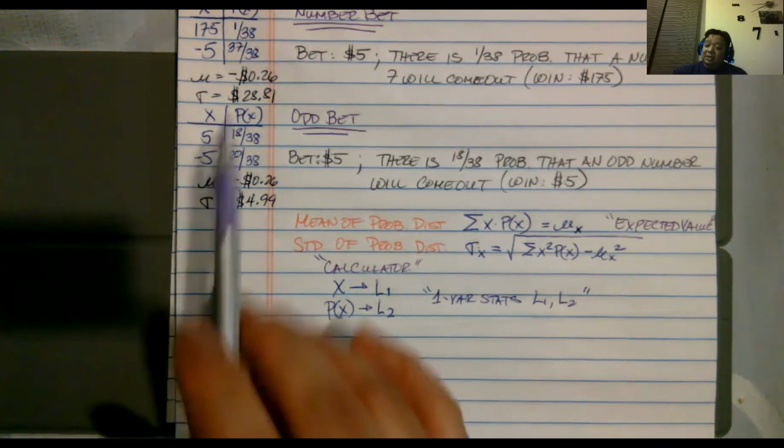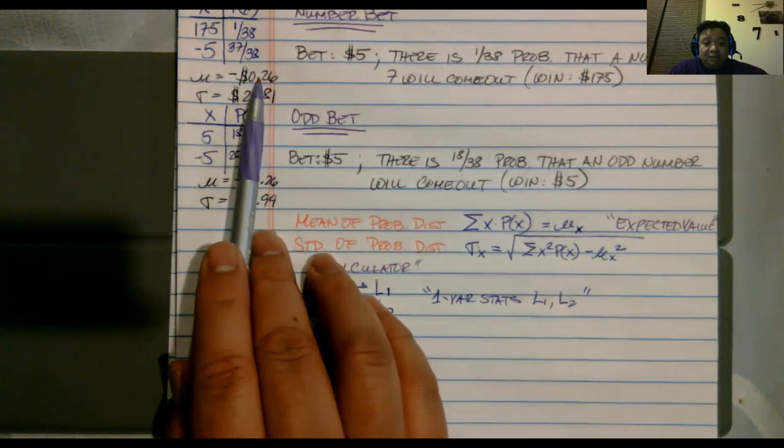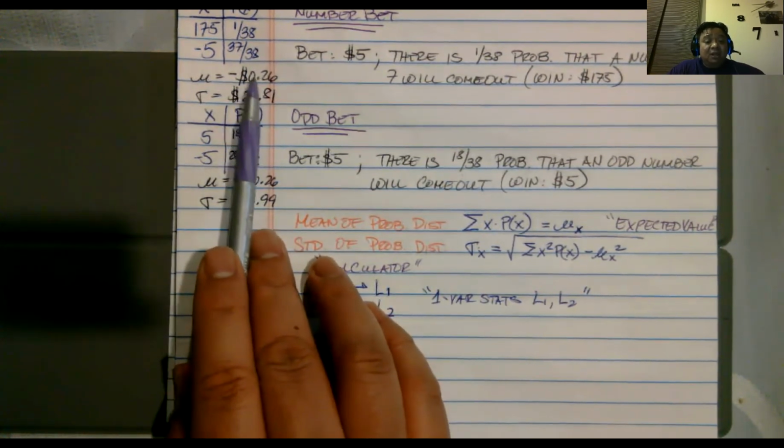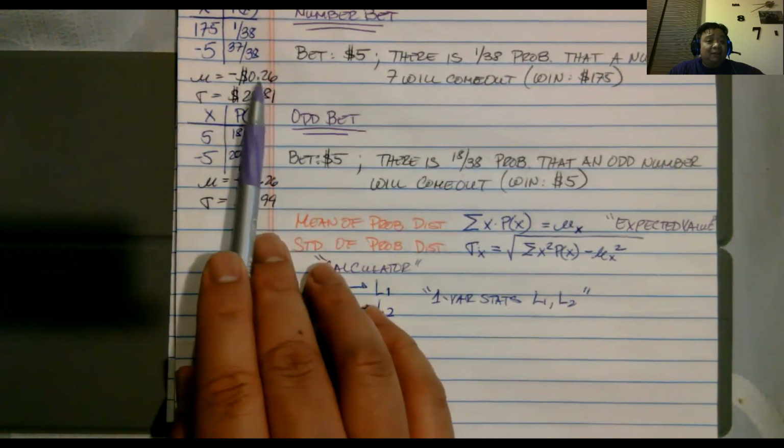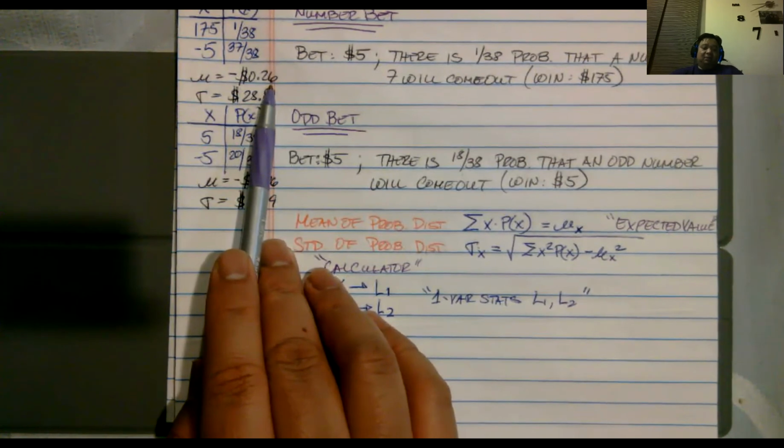Which means on the first probability distribution, you expect to lose 26 cents every time you make this bet. That's what your expectation is going to be.